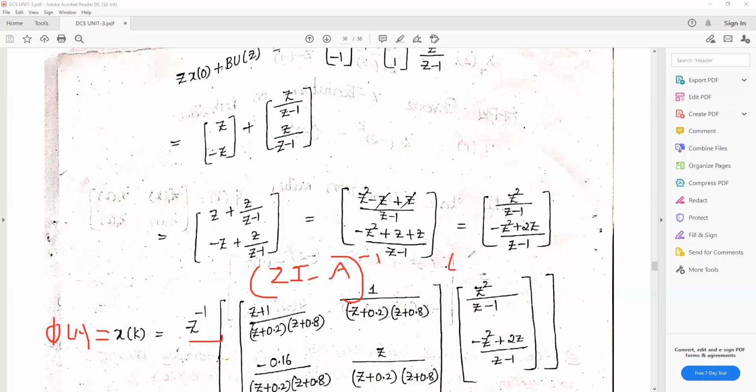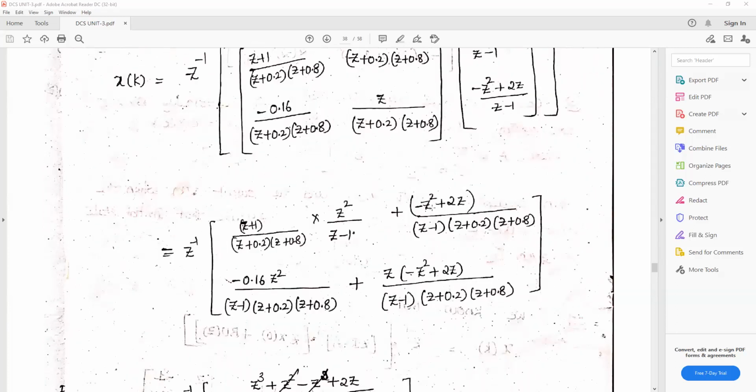This is z into x of 0 plus B into u of z. So calculating the zI minus A whole inverse, and next z into x of 0 plus B into u of z.